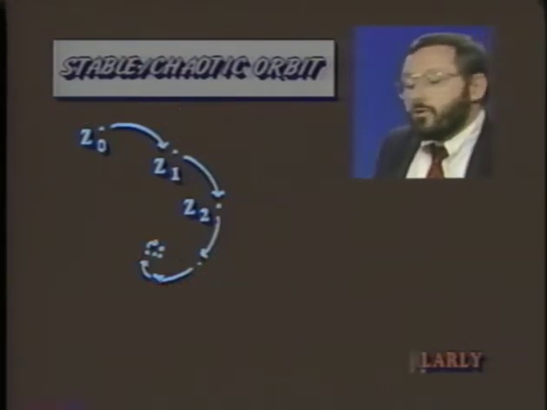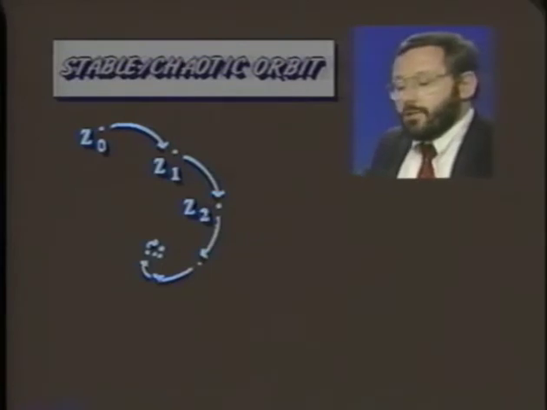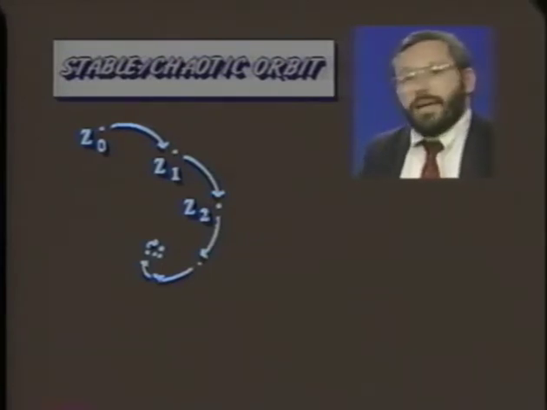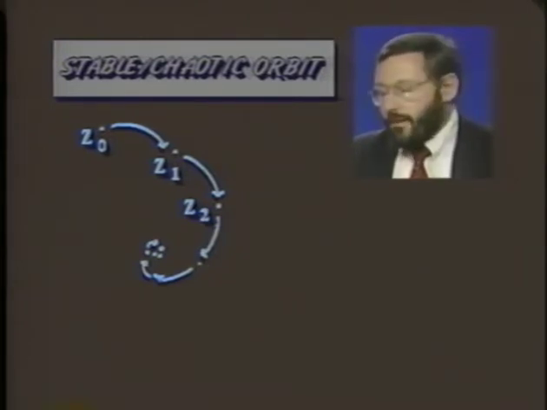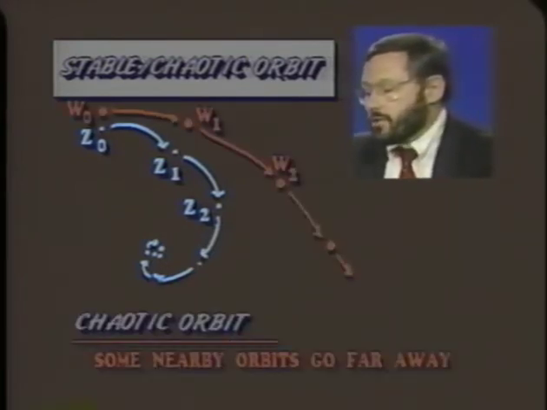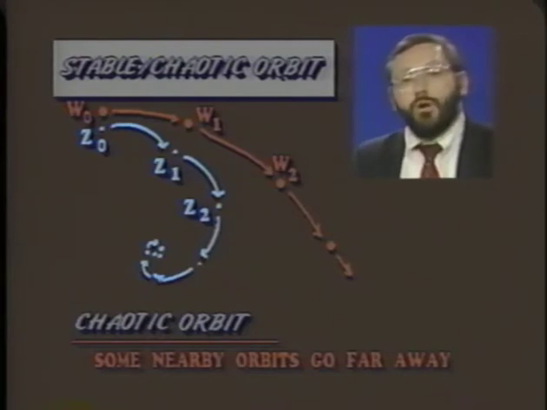So what are chaotic orbits? Well, chaotic orbits are exactly the opposite. This same orbit in a dynamical system would be chaotic if this orbit does something, but arbitrarily close by there's another orbit, say again the red orbit of W, which behaves dramatically differently.